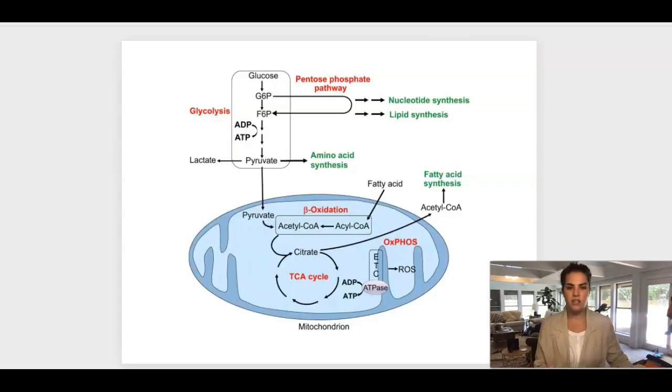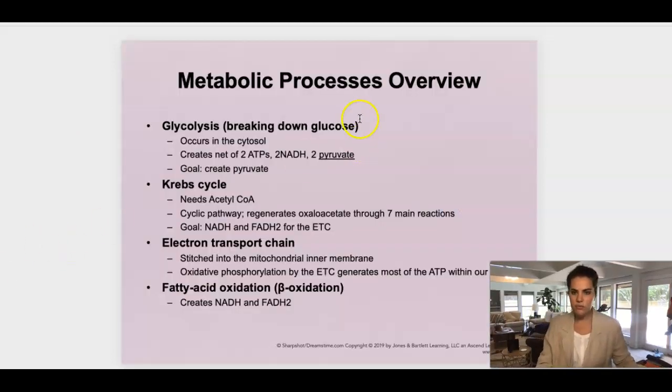However, with this diagram, you can see how glycolysis is playing into many other pathways. So the goal of glycolysis is to take glucose and create pyruvate. Okay, so this is happening outside of the mitochondria, just in the cytosol.